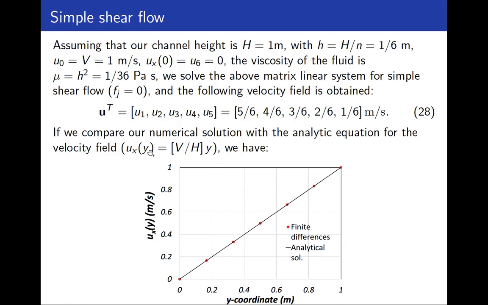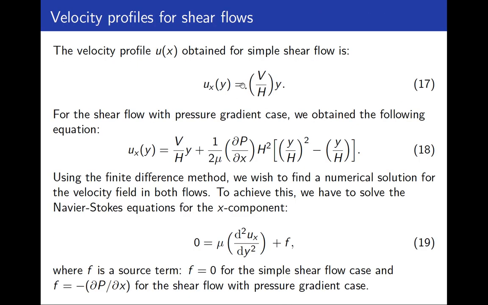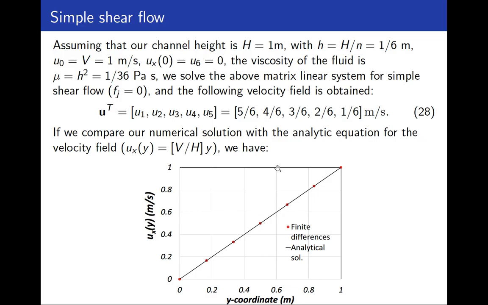And then we compare our numerical solution with the analytical equation for the velocity field, remember the one that I showed for the simple shear flow. This is the analytical solution for the velocity profile. We compare these two solutions, and the red points represent these values.